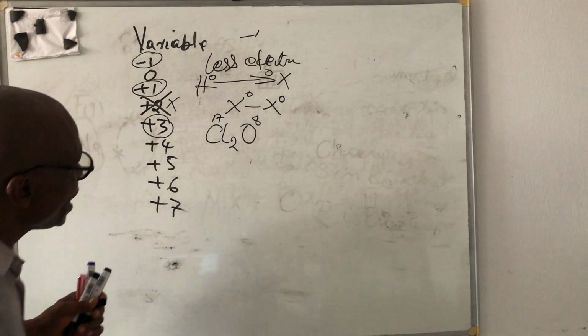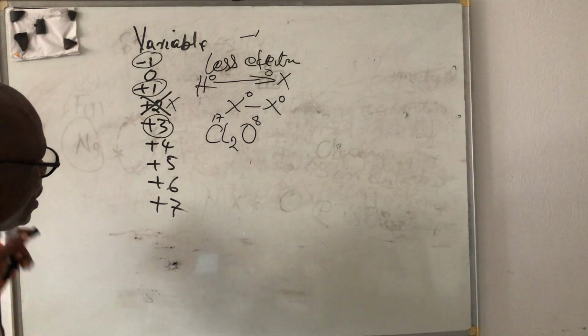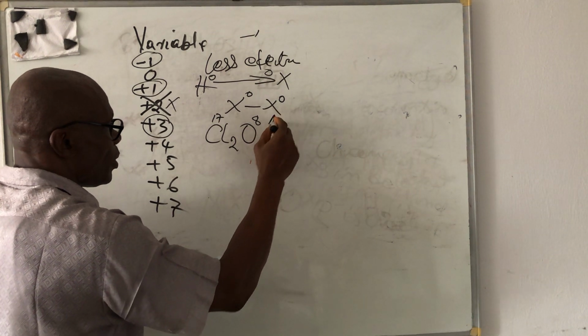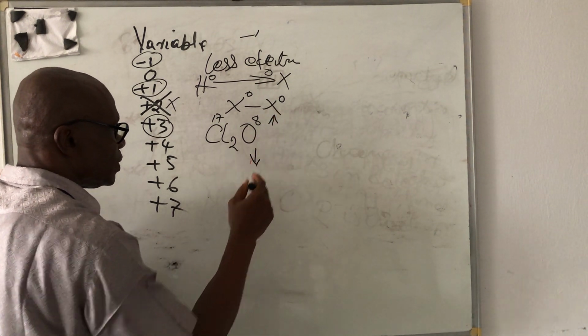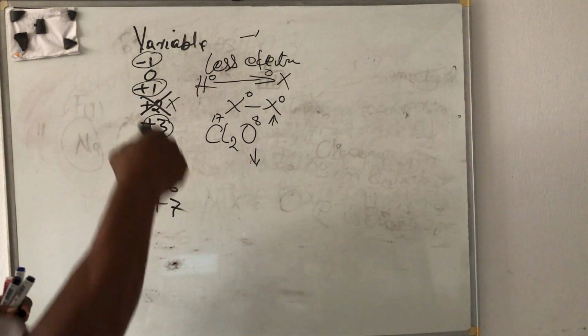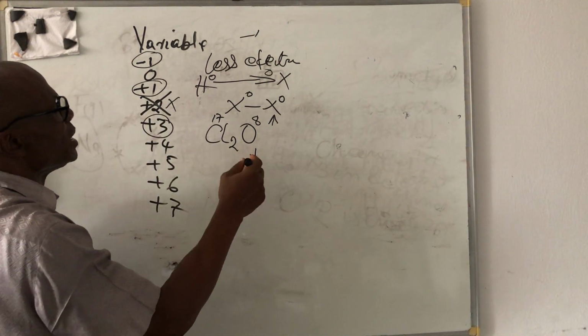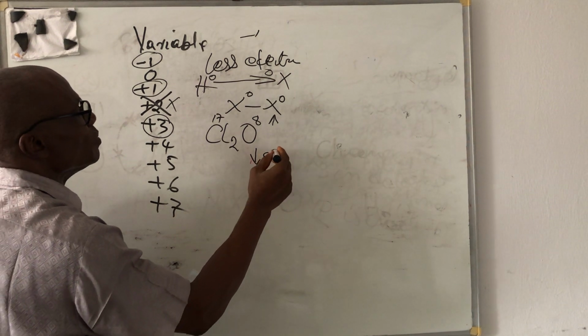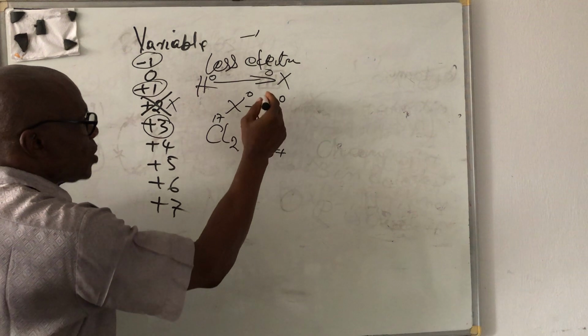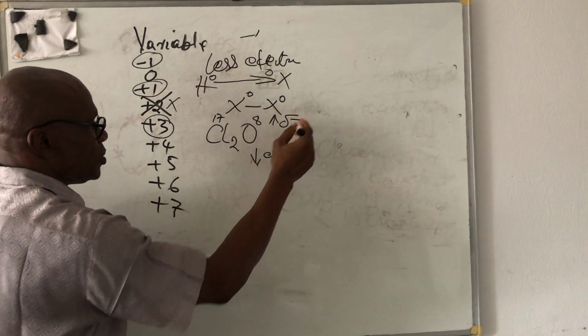Because oxygen is higher up, while 17 is down in the periodic table, chlorine will assume a positive status, while oxygen that is higher up will assume the negative.